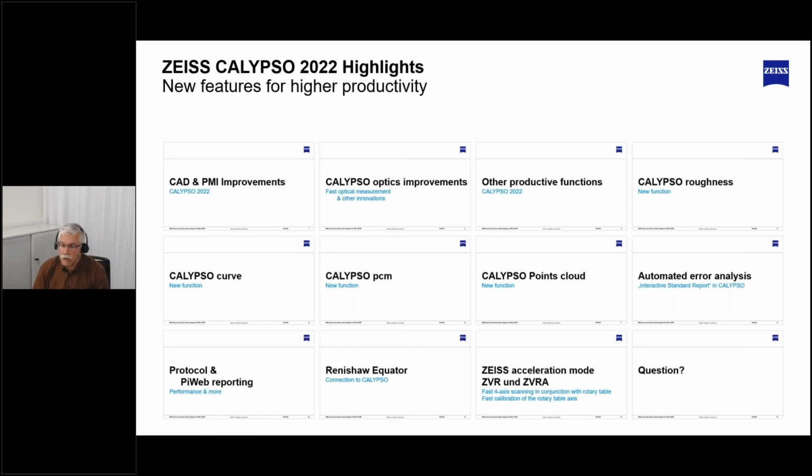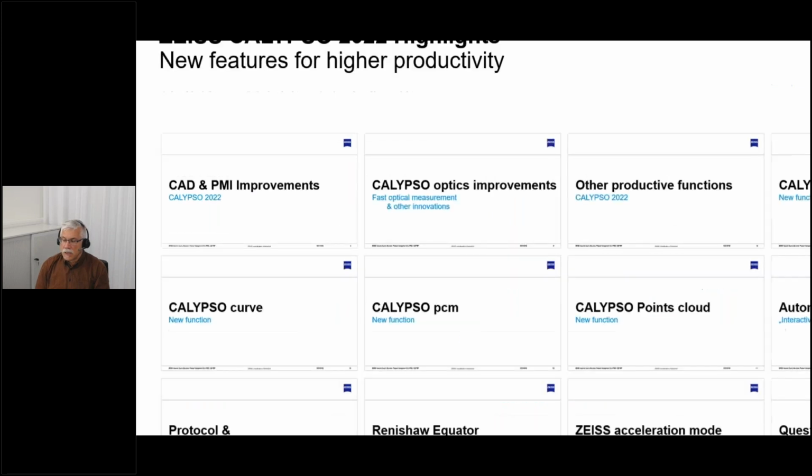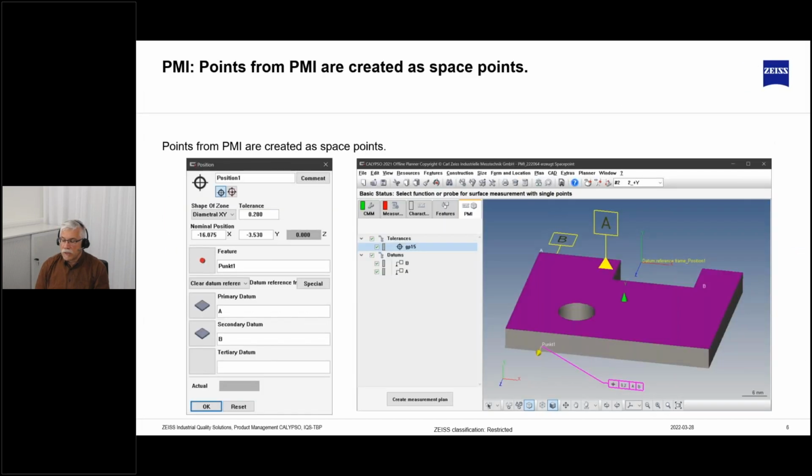We will start with all our CAD and PMI improvements in CALYPSO 2022. First, I will start with points from PMI. We will now create a space point.